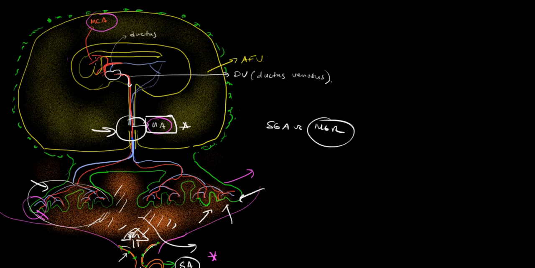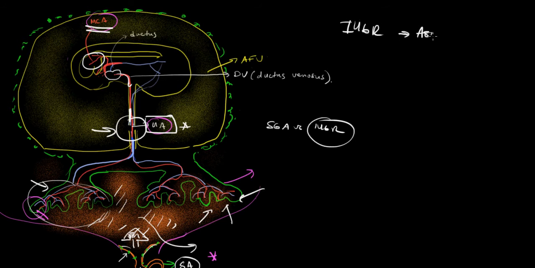You start seeing decreased resistances in the vessels that supply the brain, such as the middle cerebral artery, and mildly increased resistances in arteries such as the umbilical artery and other arteries, for example, the arteries that supply the kidneys or whatever. And that's why, by the way, often in IUGR, because of this brain-sparing phenomenon, it's what we call asymmetric IUGR, where the head size of the baby is spared but the body is small.